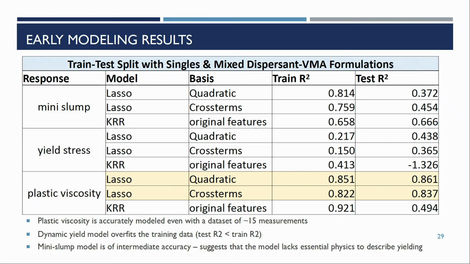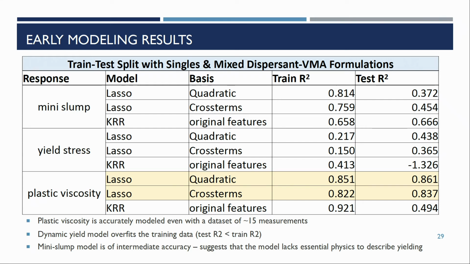Essentially what we're seeing is that with a relatively small training set, about 15 samples, we do a reasonably good job of predicting the post-yield viscosity. But the yield stress model is relatively weak. And to the extent that mini slump is first determined by yield stress, but I guess we had a discussion about this at lunch.